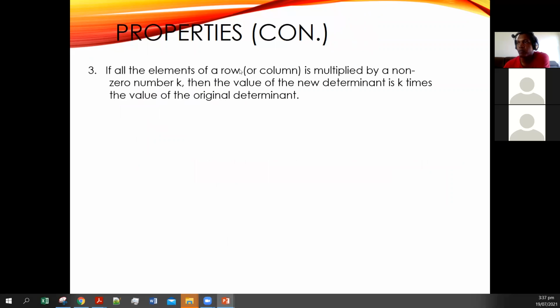Properties continue. If all the elements of a row or column are multiplied by a non-zero number k, then the value of the new determinant is k times the value of the original determinant. That is showing why we did not first, when we had something like this, with the 1, the 4, and the -2, multiply the 2 in with everything first and then get the determinant.